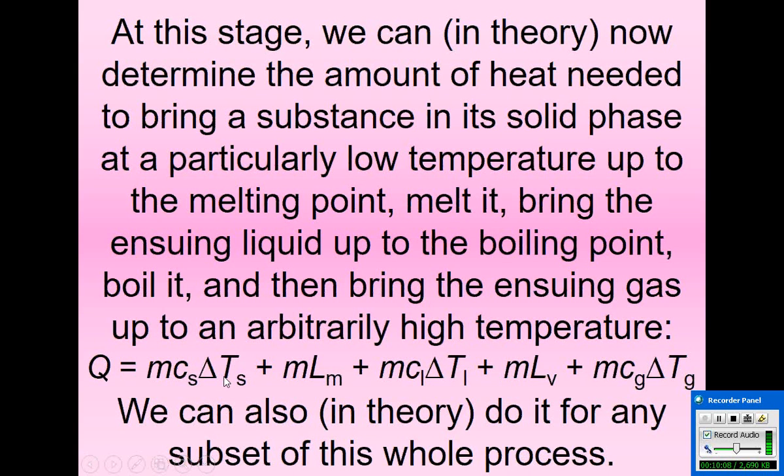Now, if you look at this formula near the bottom of the slide, you'll see that my latent heat quantities have different subscripts: L subscript M for melting, L subscript V for vaporization. But we also have subscript S for the specific heat and the ΔT. The specific heat for a substance in solid form isn't necessarily the same as the specific heat of the substance in liquid form, and that in turn is not necessarily the same as the specific heat of the substance in gaseous form.